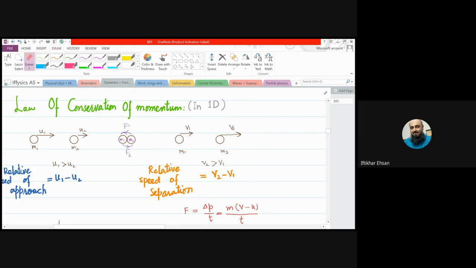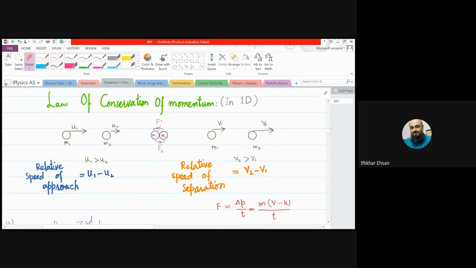If we want to find with how much speed it is going away, that again will be equal to the difference of both speeds. Now M2 is moving farther away from M1, whereas initially M1 was getting closer, approaching. That was the relative speed of approach.